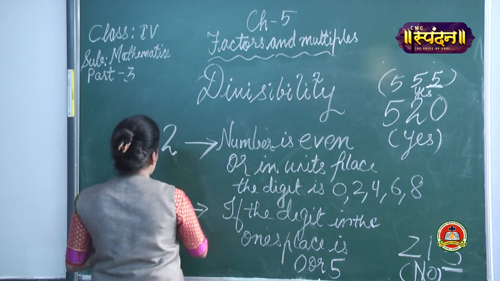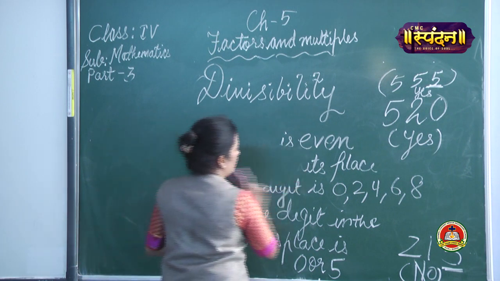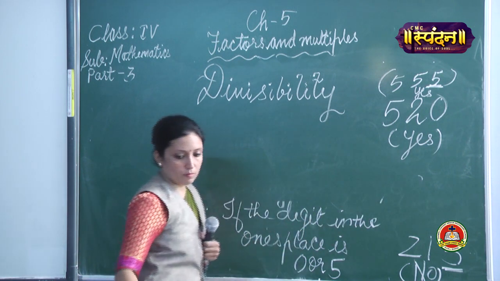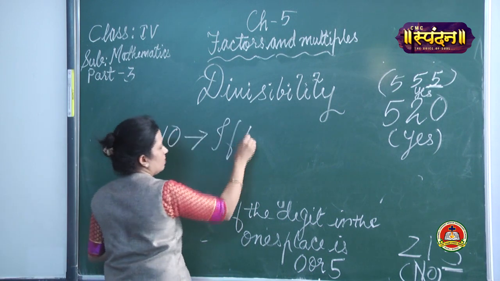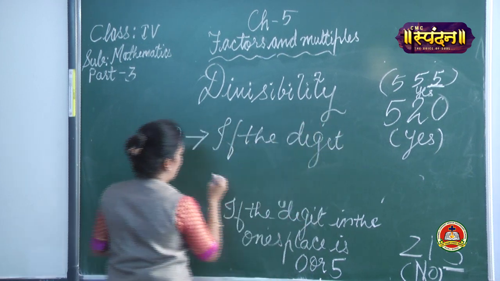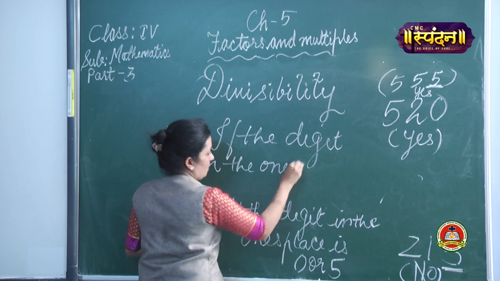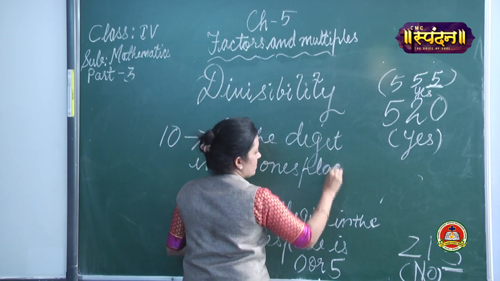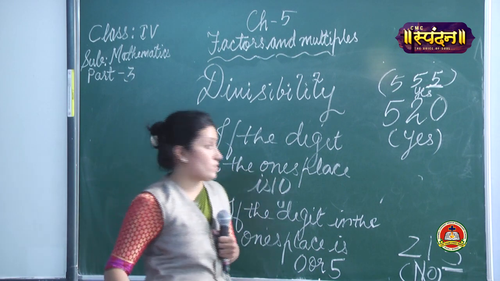Okay, the last one is 10. If the digit in the ones place is 0, then only that particular number is divisible by 10.